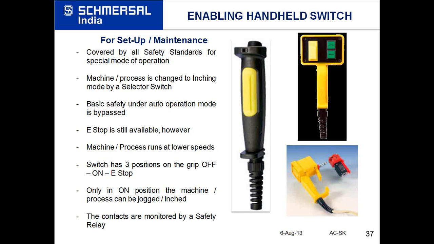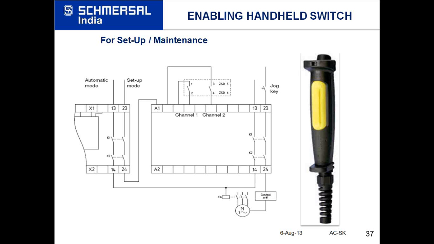Okay, this typical circuit, which I will not discuss, is for your understanding that from this switch we are monitoring two contacts. You remember dual channel, so we are monitoring two contacts so that we achieve a higher level of safety. Okay, this is what is more relevant here.